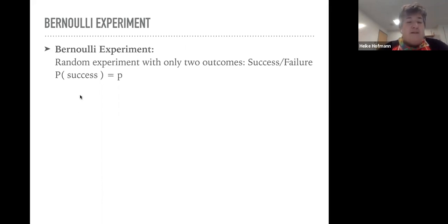So the probability of success is defined as little p. So little p is somewhere between 0 and 1. And correspondingly, because we only have two outcomes, the probability of failure is therefore defined as 1 minus p.